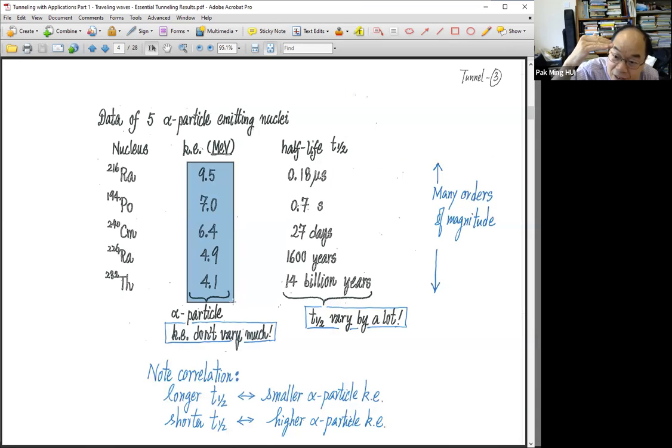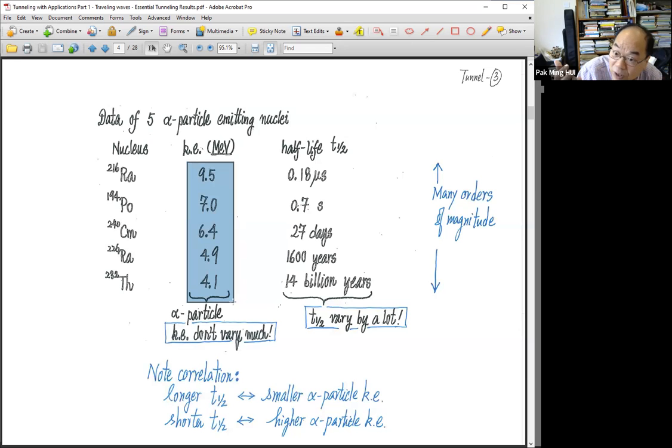higher energy, the energy deficiency to the height is smaller, and the barrier width to conquer is smaller. That will make the transmission coefficient a lot bigger, maybe go from 10 to the minus 29 to 10 to the minus 23.